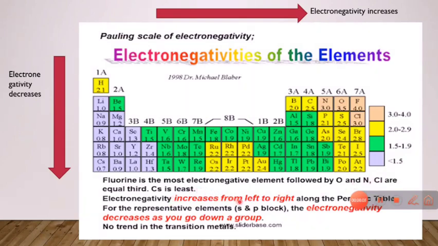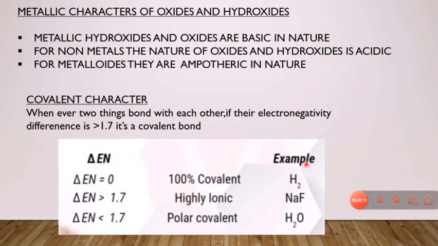Then, the metallic character of hydroxides and oxides. Metal hydroxides and oxides are basic in nature. For non-metals, the nature of oxides and hydroxides is acidic. For metalloids, the nature of hydroxides and oxides is amphoteric.